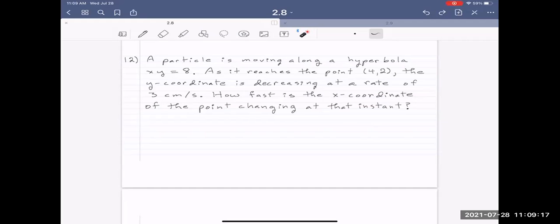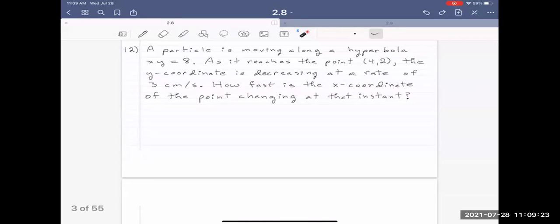Okay, so we have here that the y-coordinate is decreasing at a rate of 3 centimeters per second.